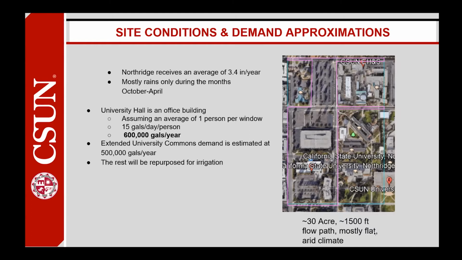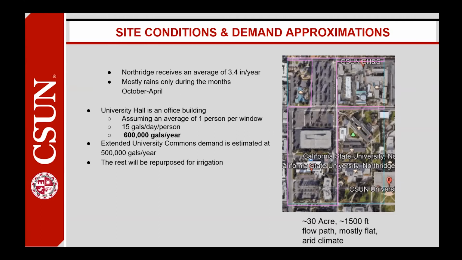We found it was mostly flat, and looking into the weather data, we found it was a very arid climate. According to average weather in the area, it rains about 3.4 inches per year, and most of it is during the months October through April, with a very, very low chance of rain in the middle months during the dry season.